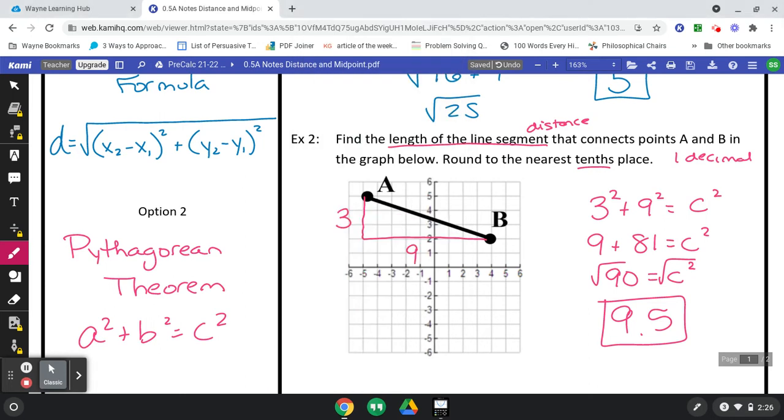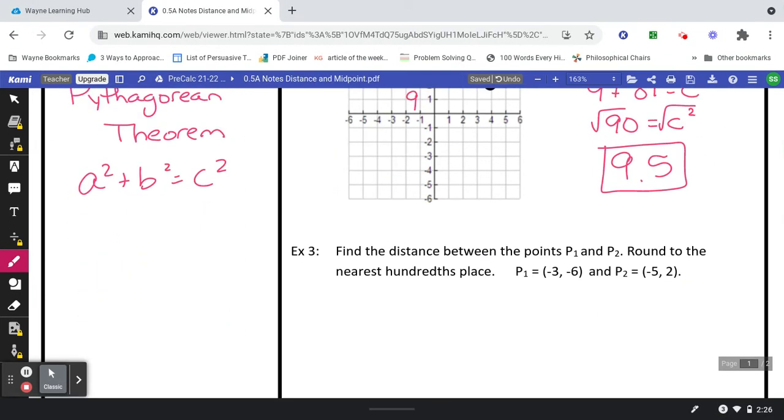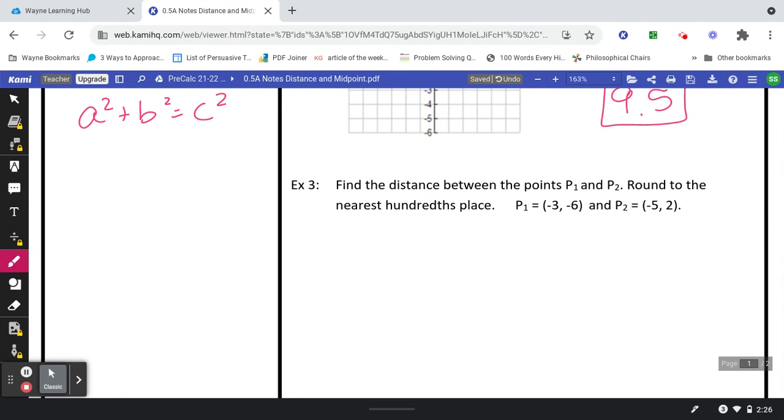All right, next problem, example number 3. Again, this one doesn't have a graph, so I'm going to do this using the distance formula. And this time they're just naming the points, point 1, P1, and P2, point 2. That doesn't change anything about how we're doing this problem.